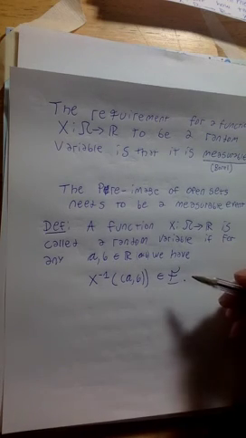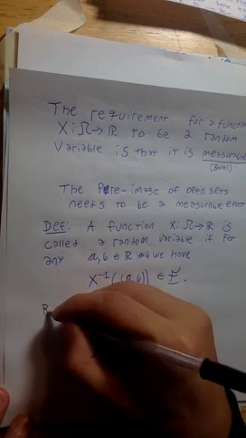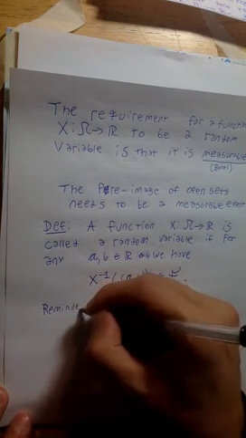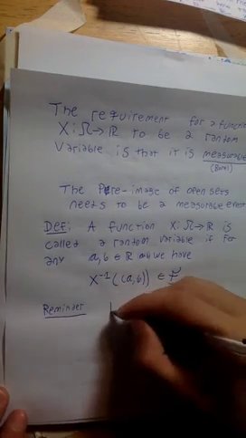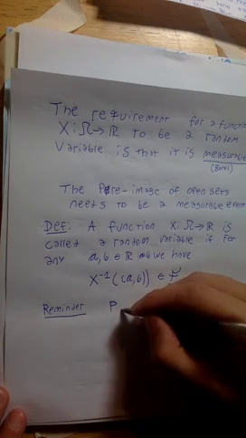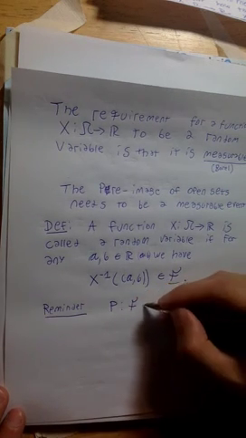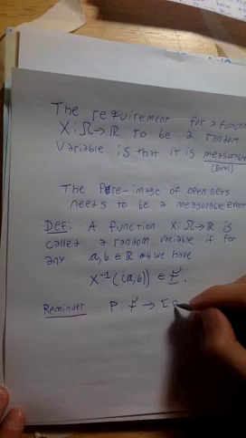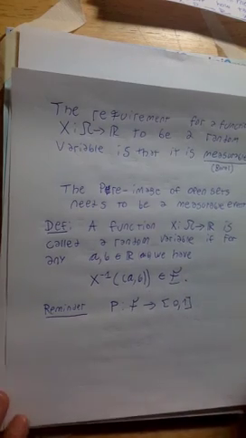Okay, so just a reminder, we have P, the probability function, goes from F to [0, 1].